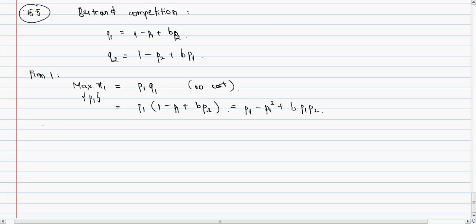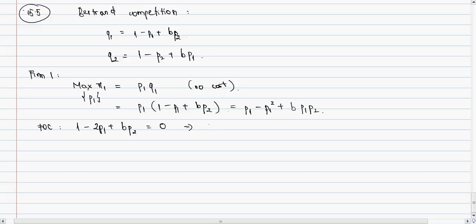Firm 1 chooses P1 to maximize profit. The first order condition is to differentiate the profit function with respect to P1 and set it equal to 0, which gives 1 minus 2P1 plus B of P2 equal to 0.